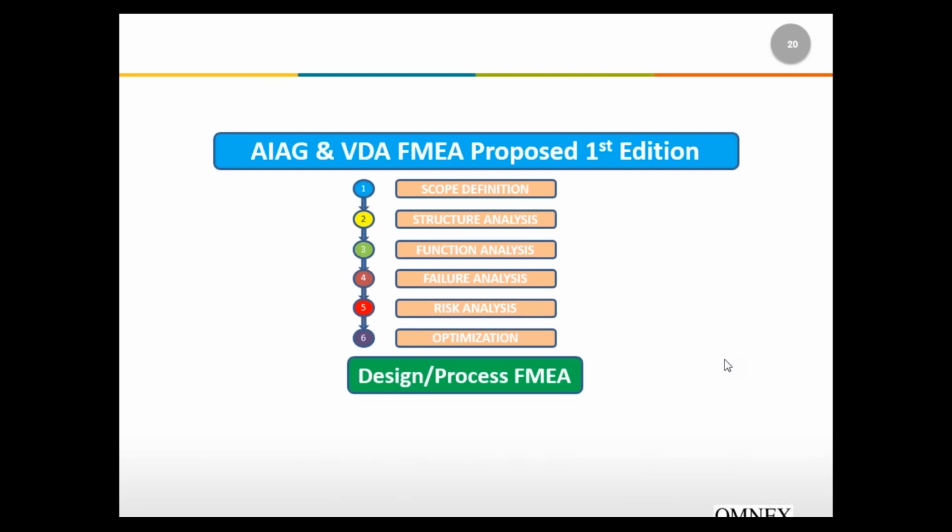You can still use it, but instead they have an alternate approach, which is the action priority tables, and we'll show you what that looks like. And then finally, the recommended actions, which are now called optimization. How do I improve my product as I'm going through? So that when I'm putting it into an Excel file, I get my design FMEA form complete.